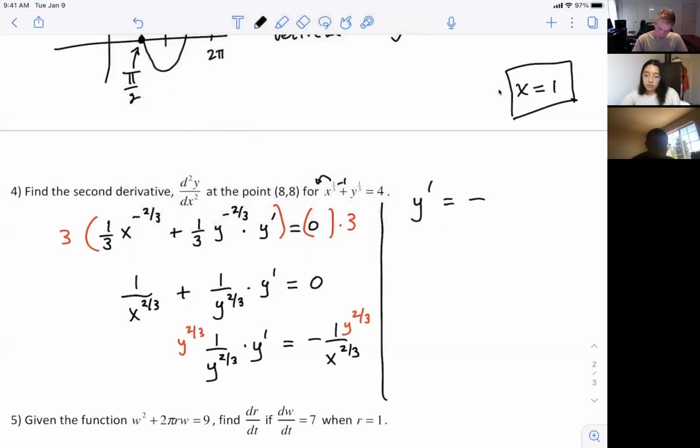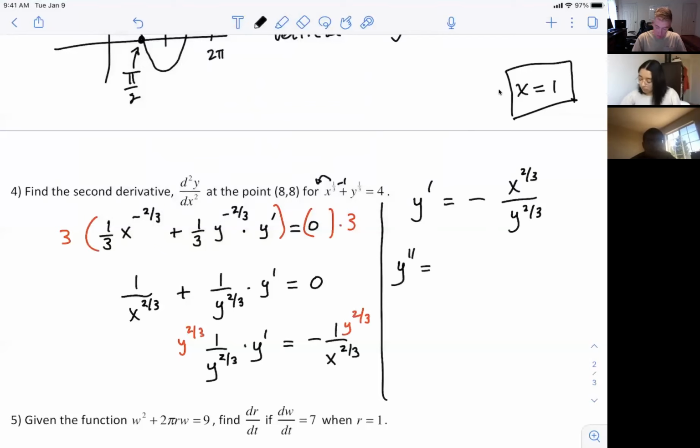And on the right, there's negative x to the 2/3 over y to the 2/3. So now we're done with the first derivative. Now time for the second derivative.